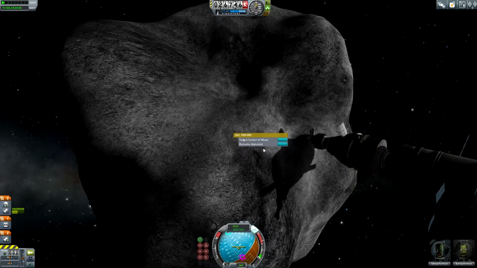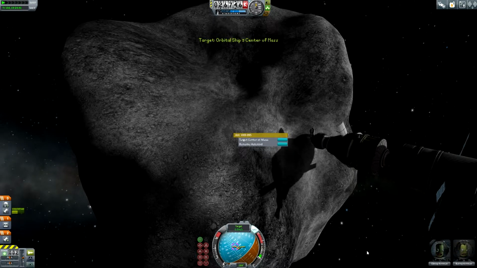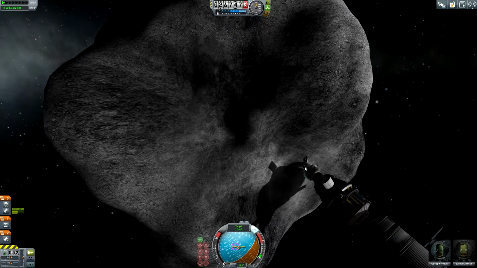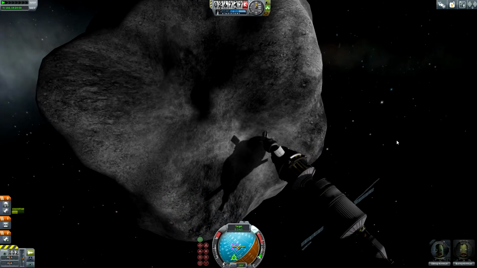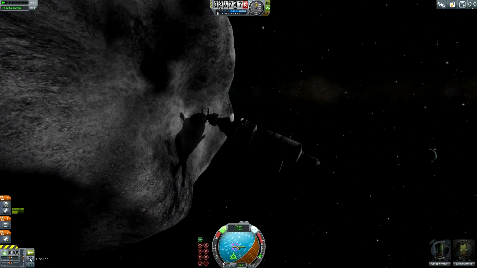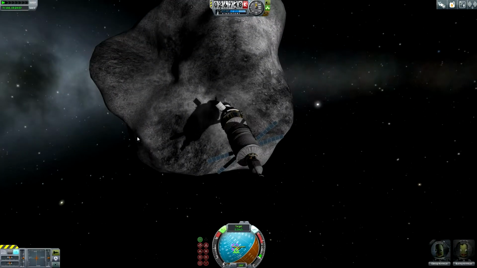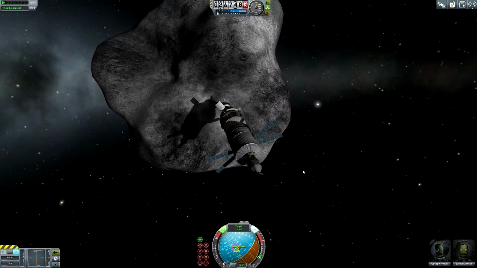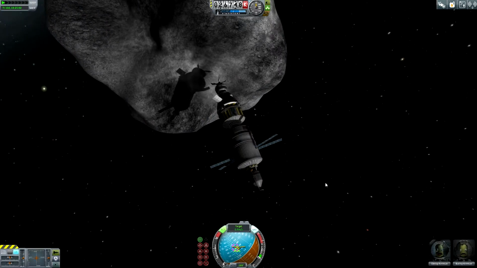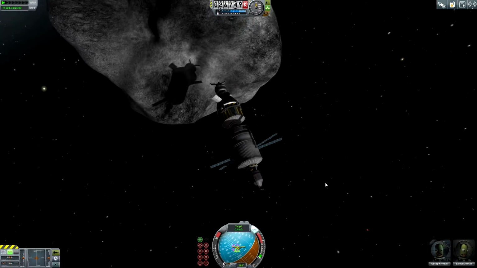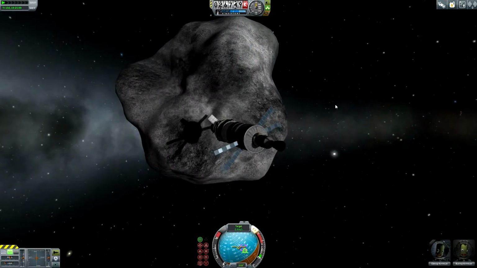But there's one additional issue, because we are not aiming at the center of mass of this asteroid, so I think I have to release the advanced grabbing unit in order to drift a little bit away from the asteroid, and maybe I can grab it somewhere over here in order to aim directly at the center of mass to make it a little bit easier to rotate and control the thing.